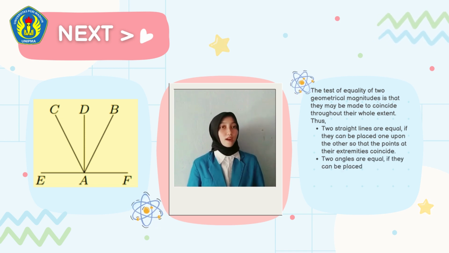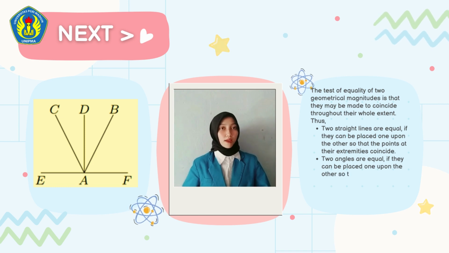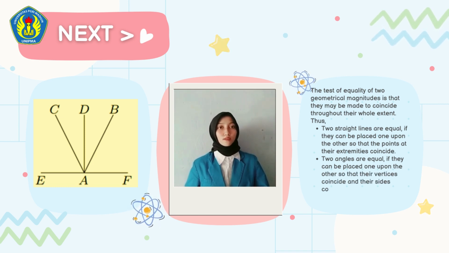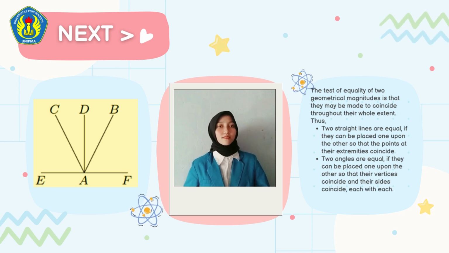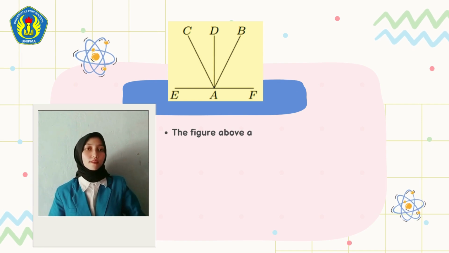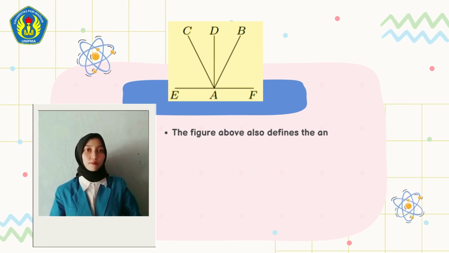Two angles are equal if they can be placed one upon the other so that their vertices coincide and their sides coincide each with each. The figure above also defines the angle bisector.